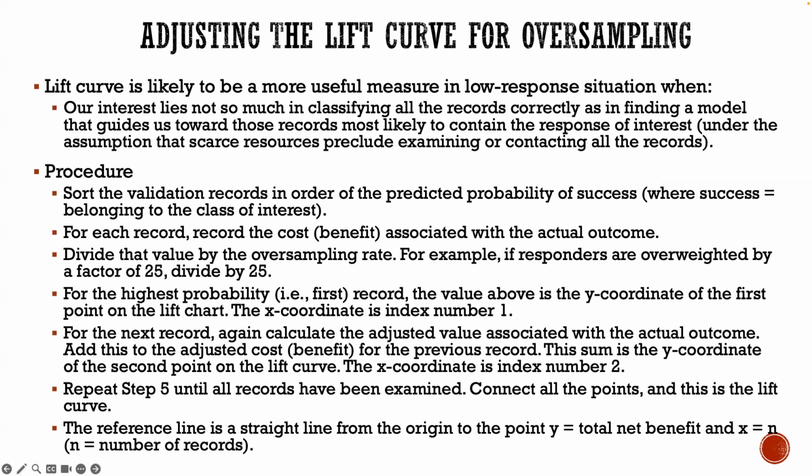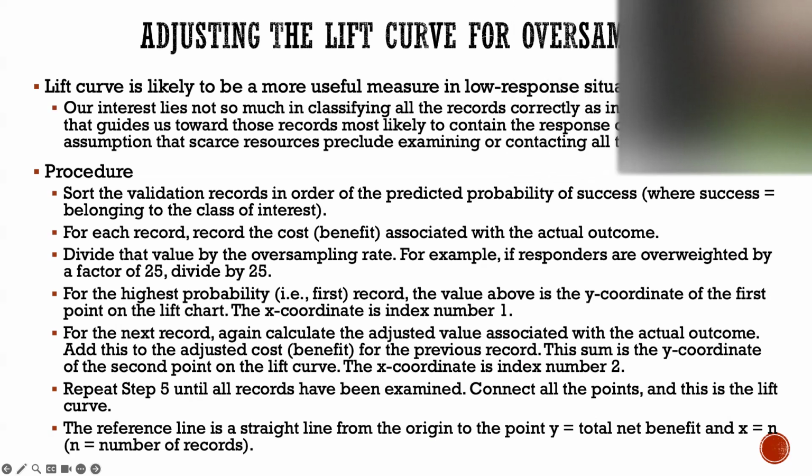So that's the overall discussion that I wanted to have about different performance measures, how we look at them, how we go about trying to adopt some of them depending on the objective of the model, whether it's prediction, classification, ranking, and how do we consider oversampling in certain cases?